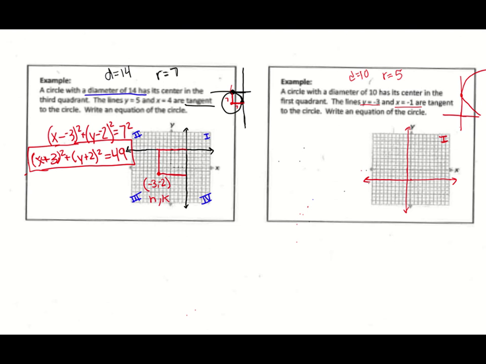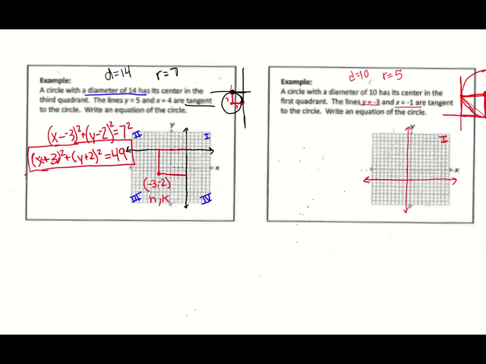Let's try to draw a circle again. So it's going to touch here and here. So if my radius is 5, that means I'm going to go up 5 and over 5 here to get to my center.